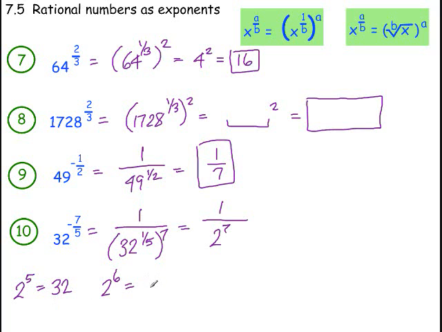We just double it, times 2, 64. 2 to the 7th power has to be 128. So my answer is 1 over 128.